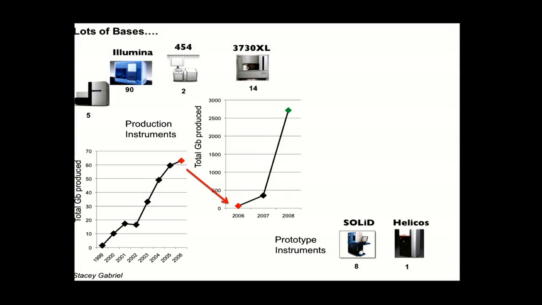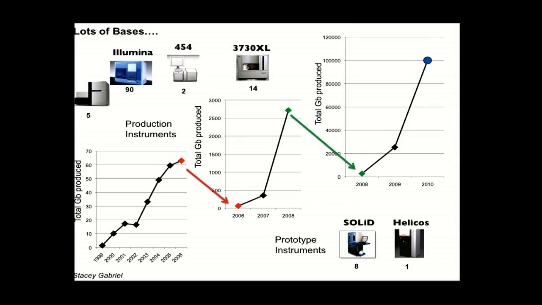You then move a couple of years out as the next generation machines start to arrive, and you immediately go up by orders of magnitude in the production of sequencing data here at the Broad. And now we're producing an enormous amount of data relative to what we even did a couple of years ago. And the next generation machines have a promise to push this curve continually up at the same sort of hyper exponential rate.